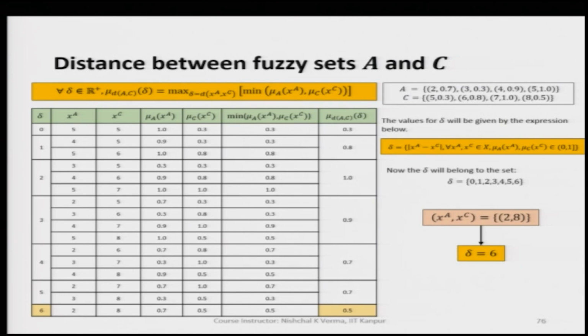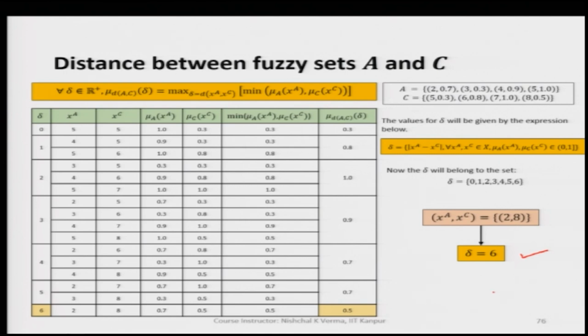Now, if we see the table, the first row is the delta row, that is, all the possible values of delta are there. I would like to mention one thing here: we have computed delta is equal to 6 and have entries in the table. So, can we have any entry for delta is equal to 7 also?